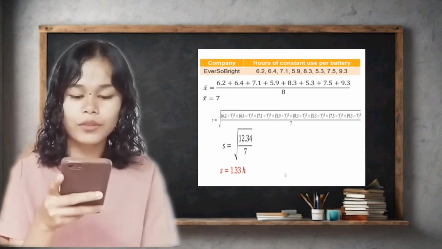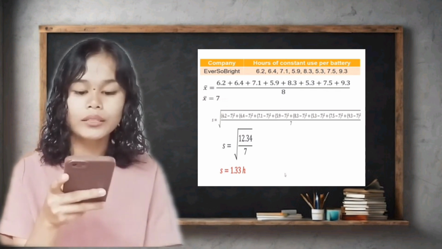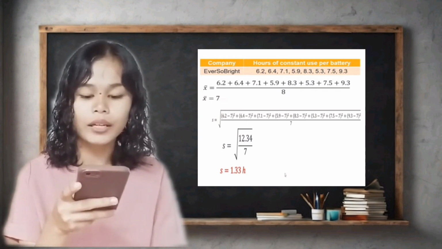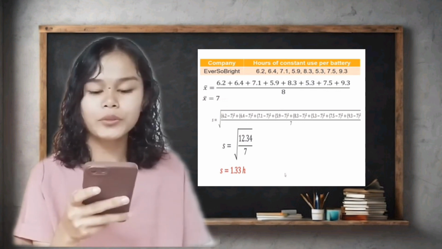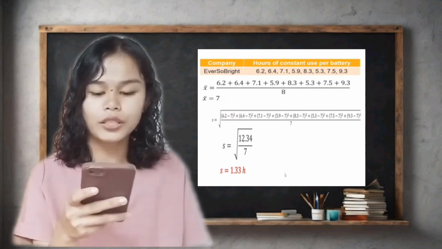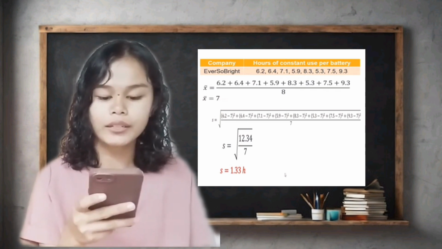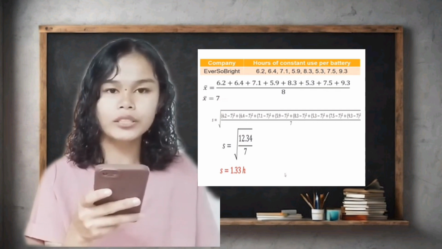As we have observed, the mean or average is 7. So for 6.2 minus 7, we subtract the 7 from each of the given numbers. It results in 12.34. Now let's proceed to the next step. Standard deviation equals the square root of 12.34 divided by 7. So it results in a standard deviation of 1.33 hours.